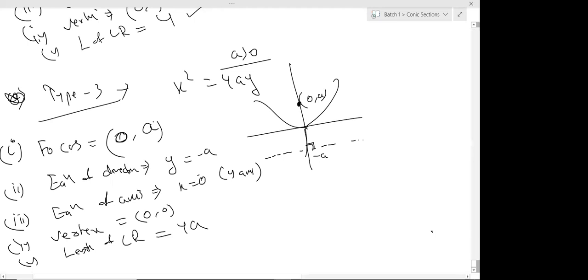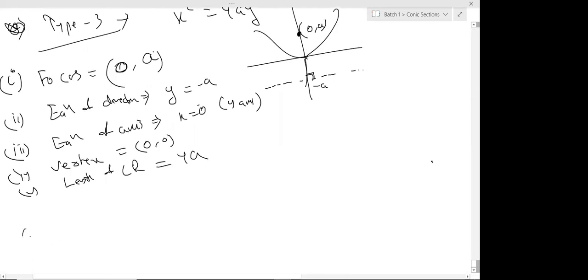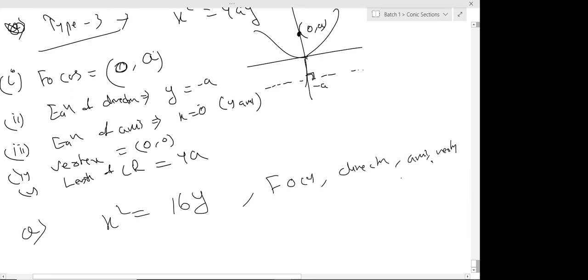All right. Try to solve this question. x square equals to 16y. Find focus, directrix, axis, vertex, and LR. Give it 2 minutes.